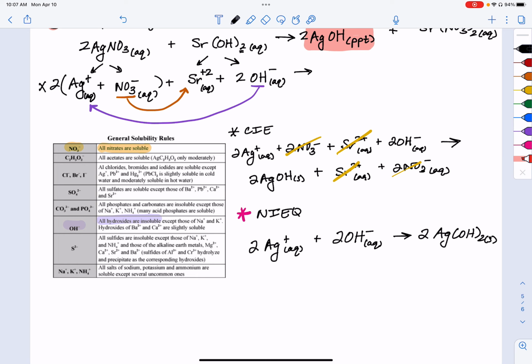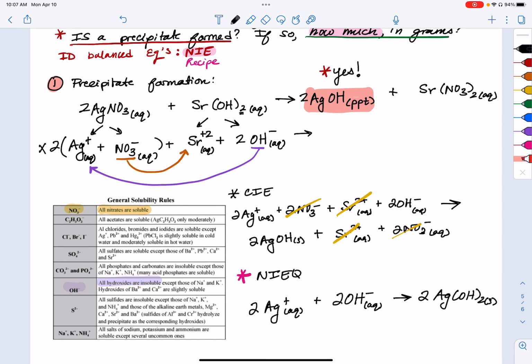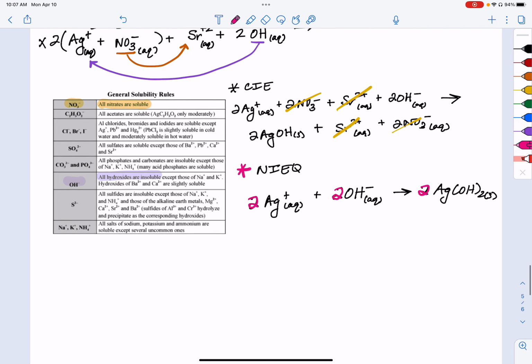And I cannot reduce this 2, 2, 2, even though it all looks like a 1 to 1 ratio, because that would mess with our overall balancing that came from our molecular reaction. So I've got everything in a net 1 to 1 ratio, but written as 2 to 2.